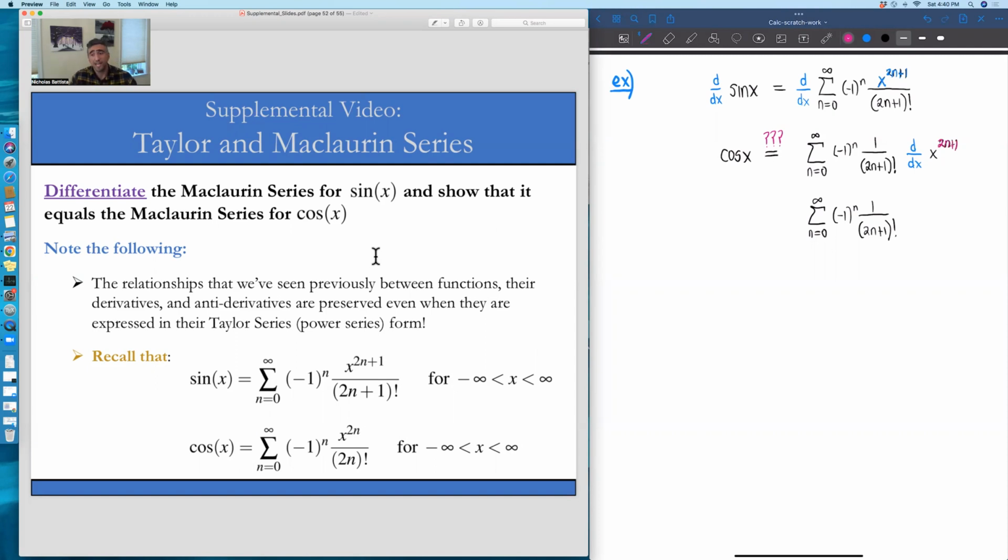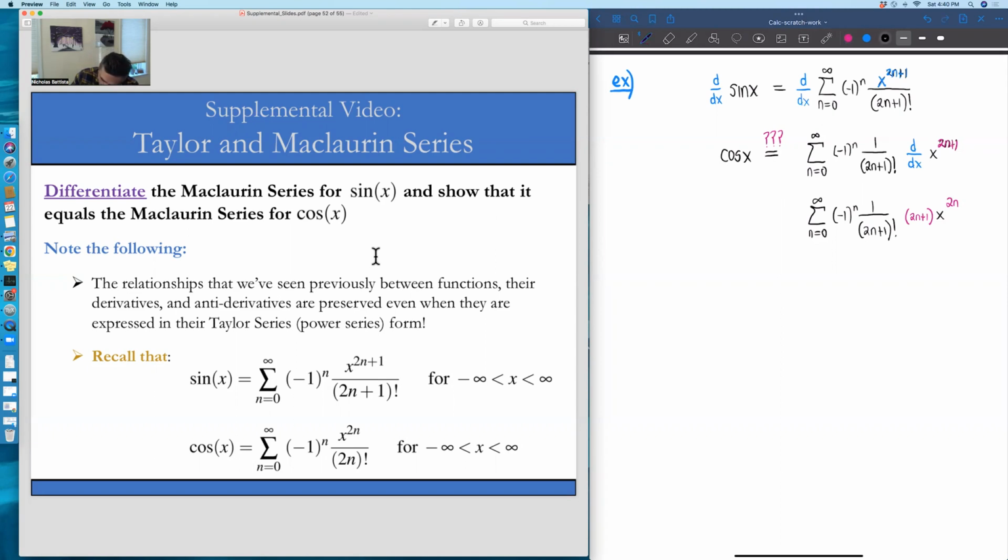If we differentiate x to the 2n plus 1, that power will come down in front. So we'll have 2n plus 1, quantity, times x now raised to the 2n plus 1 minus 1 power. So we'll just have x raised to the 2n power, because when we differentiate variables raised to powers, we deduct 1 off of that power.